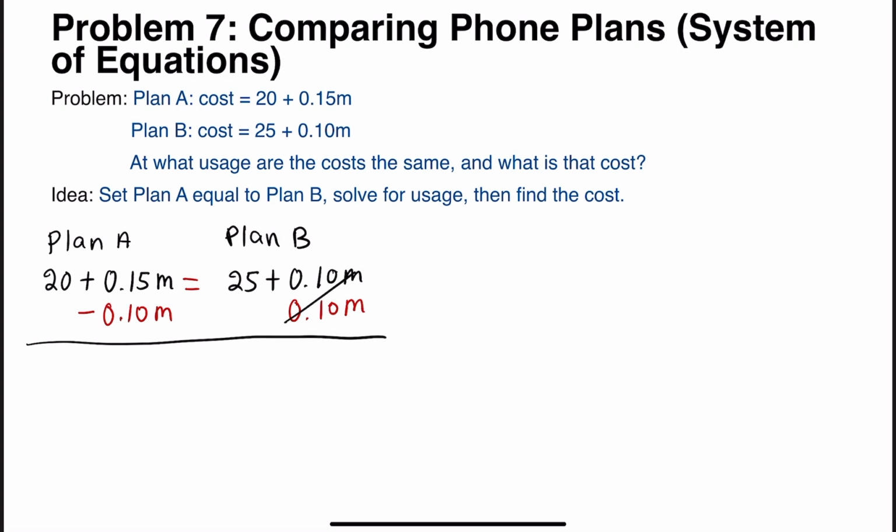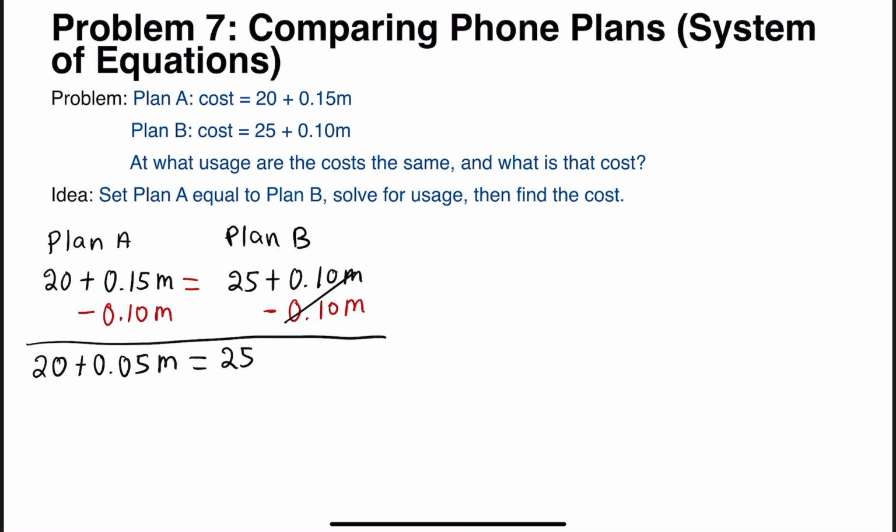Because we have 0.10 m minus 0.10 m. And then going back to the left side, we have 20, and then we have 0.15 m minus 0.10 m, which is equal to positive 0.05 m. We set that equal to 25.